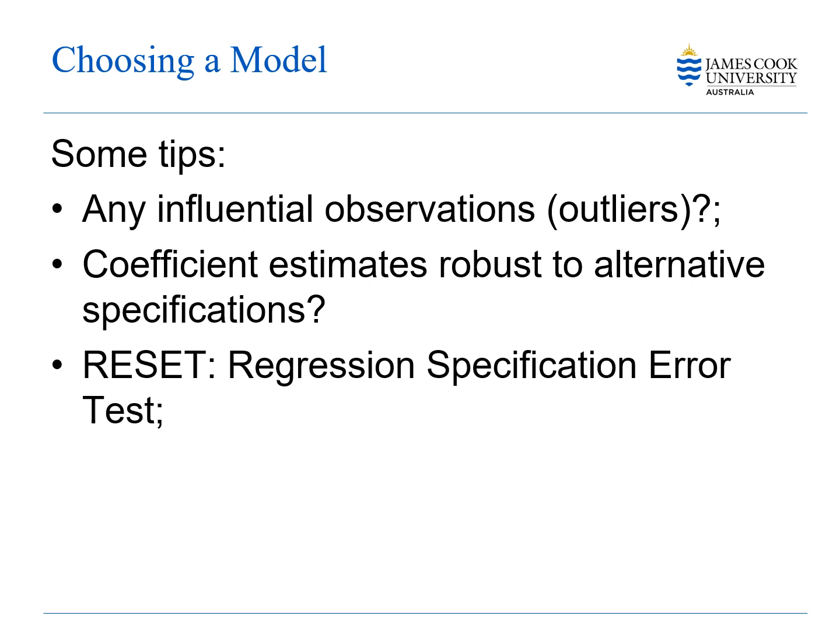Every time, your estimate of the coefficient of x1 is always going to change, but if the change is small, then this may hint that your estimate of beta 1 is robust. You can also conduct a test called the RESET test, regression specification error test. We will talk about this in a moment.